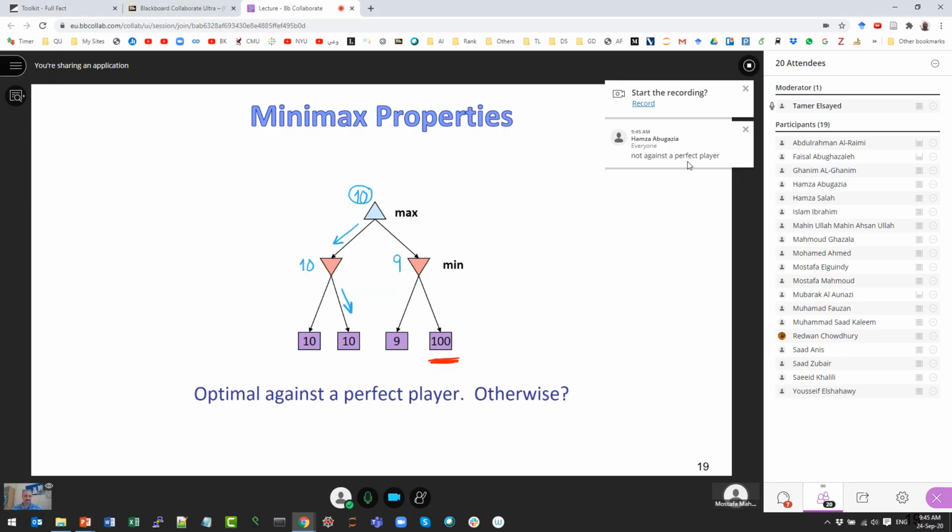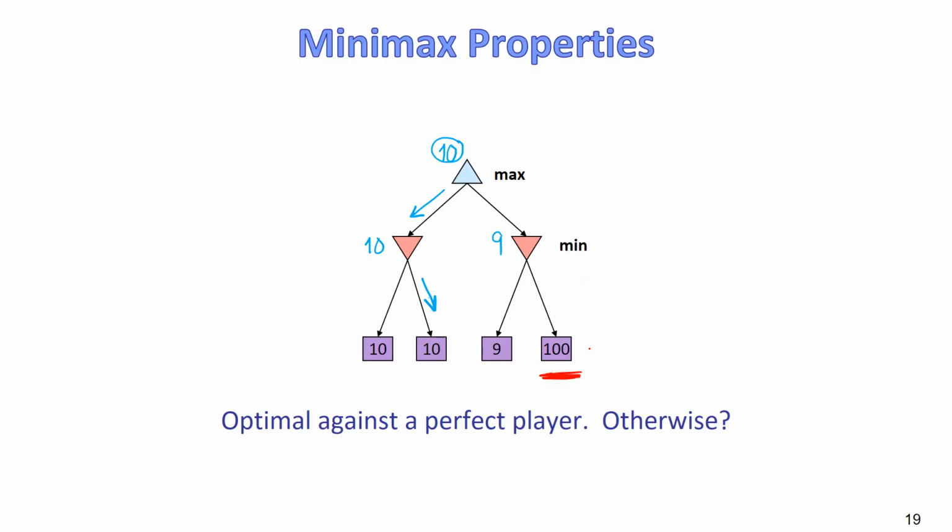Hamza. Yes, if we are playing against a perfect player, then we will not be able to get this 100, because if we choose this path, the other agent is perfect, it will choose to go this way. So we will never get this 100.